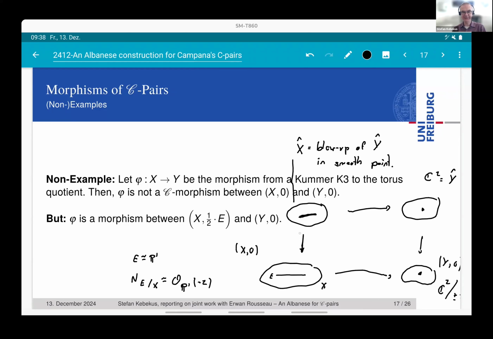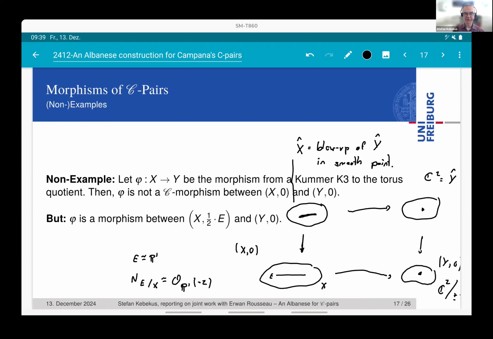And this is a serious condition. And the answer is no. So this morphism from x to y is a morphism of a manifold into a singular space. And even if I take zero boundary, this is not a morphism of C pairs.